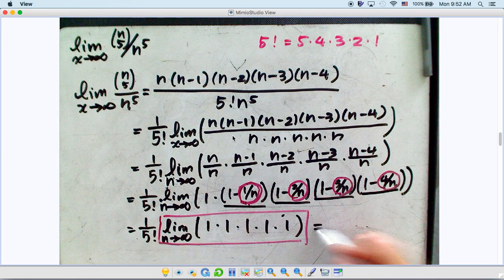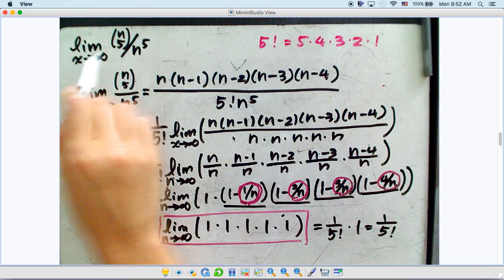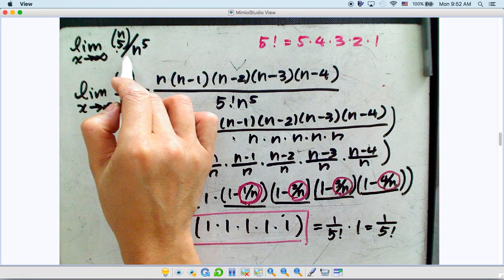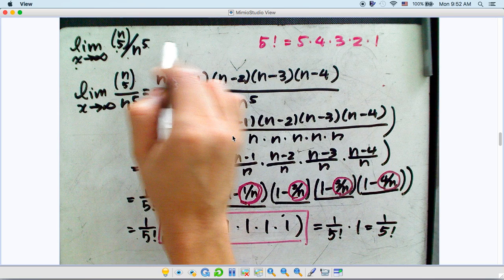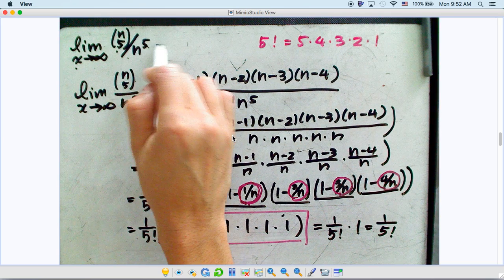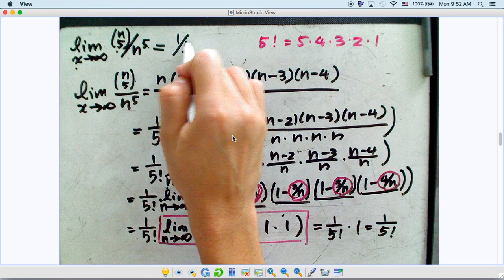Therefore, it is 1 over 5 factorial times 1, which is 1 over 5 factorial. So the limit of n choose 5 over n to the 5th power as n approaches infinity, just like Lemma 3.11 says, equals 1 over 5 factorial.